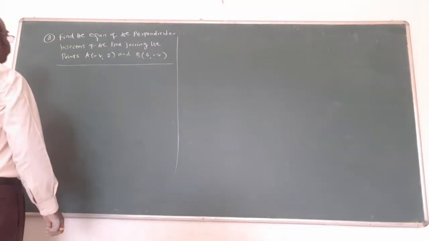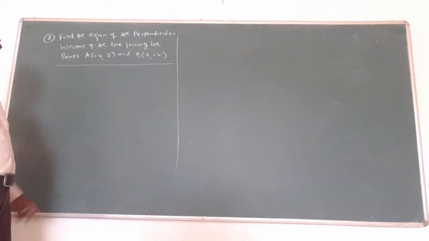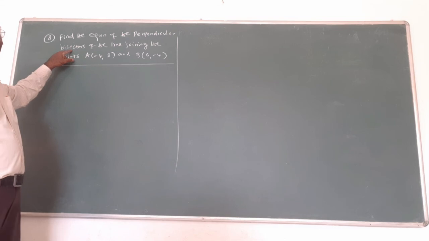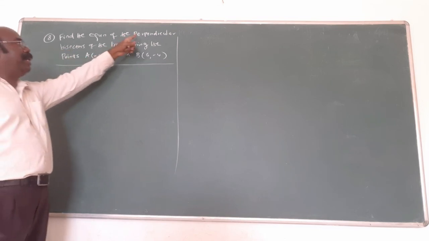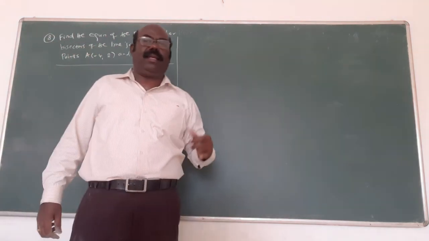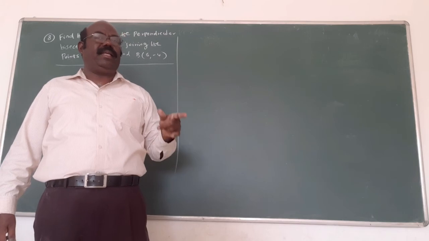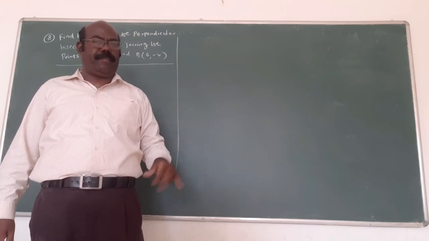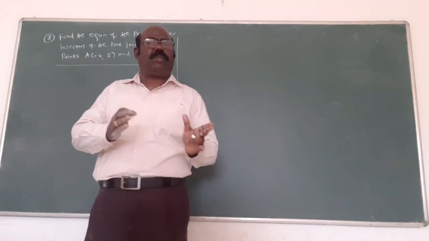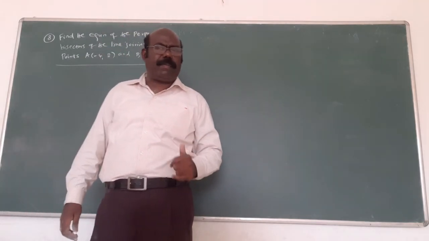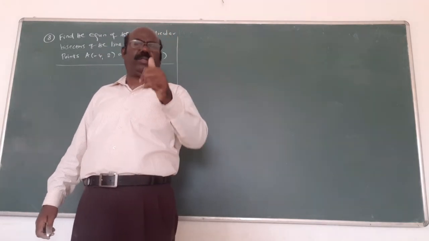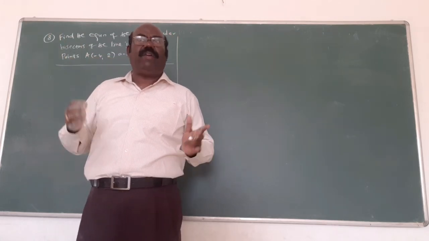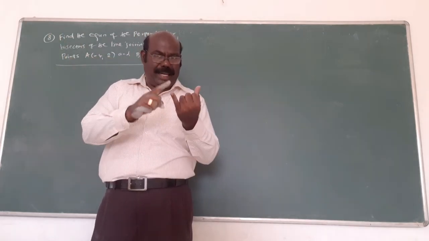Eighth question: find the equation of the perpendicular bisector. Perpendicular, parallel, altitude, right angle, slope: these all involve the slope formula. When do you use the midpoint formula? The formula of the midpoint is (x1 plus x2)/2, (y1 plus y2)/2.